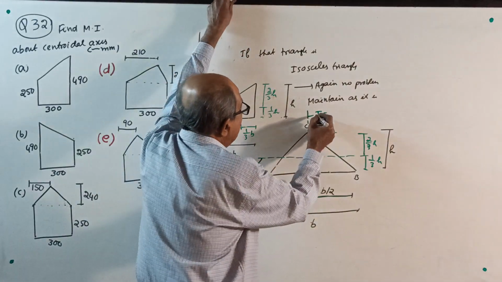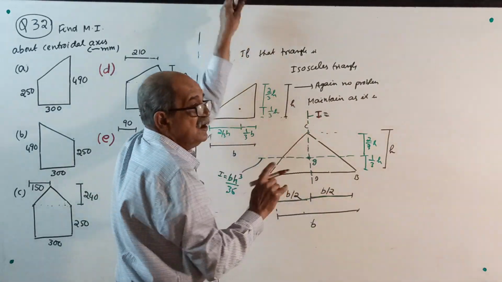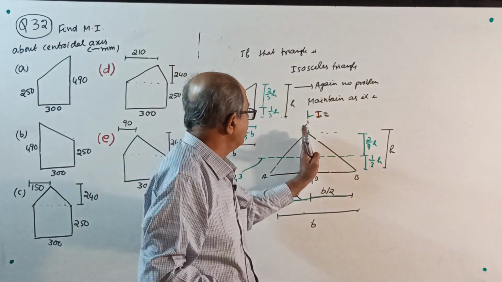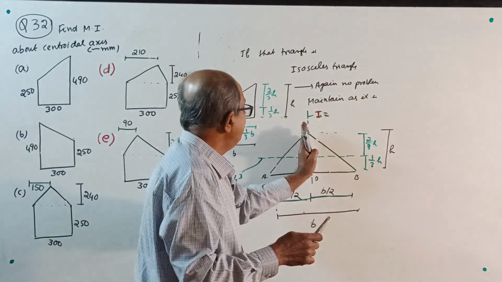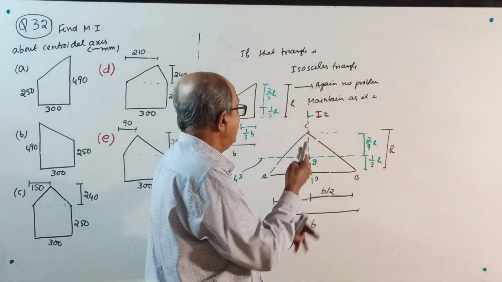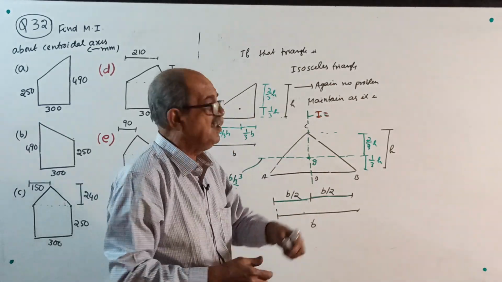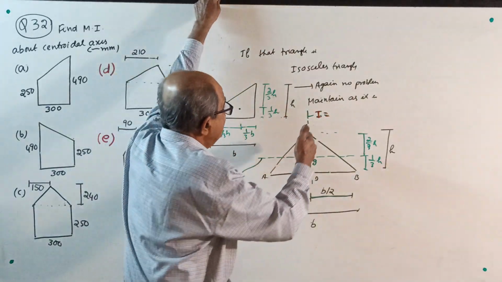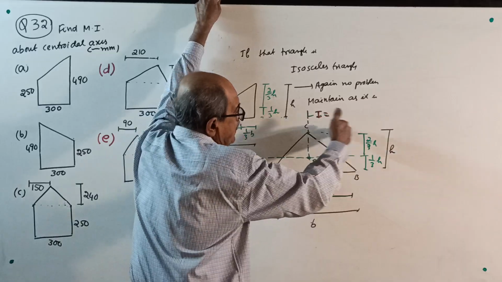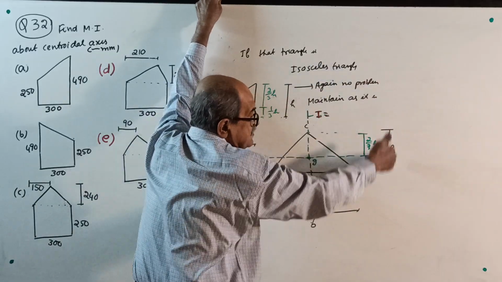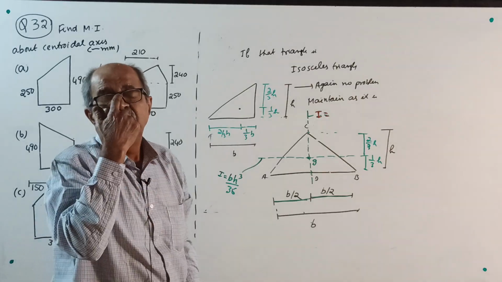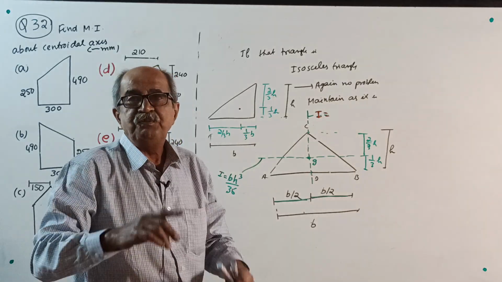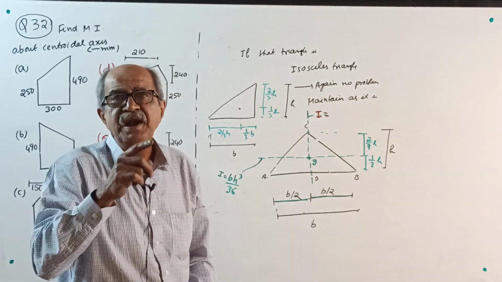See, this I is not BH cube by 36, because this is not the base. It is the base for this side right angle triangle and this side. But still no problem, because for this one, a standard expression is there. When you want I about this axis, the parallel side is H. I told you 1000 times, when you find I for a rectangle or a triangle, the parallel side as it is, the perpendicular cubed.